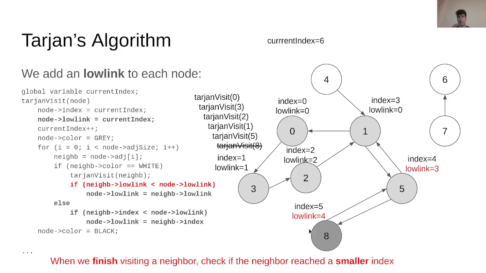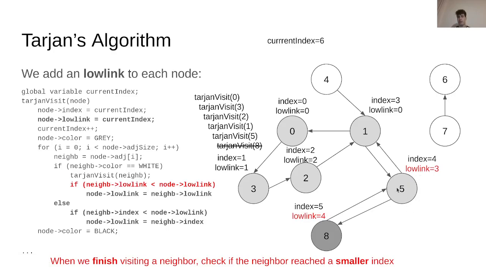Okay, and when we finish visiting a node, we check if the low link of the neighbor, so after we visit the neighbor, we check if the neighbor has a smaller low link.